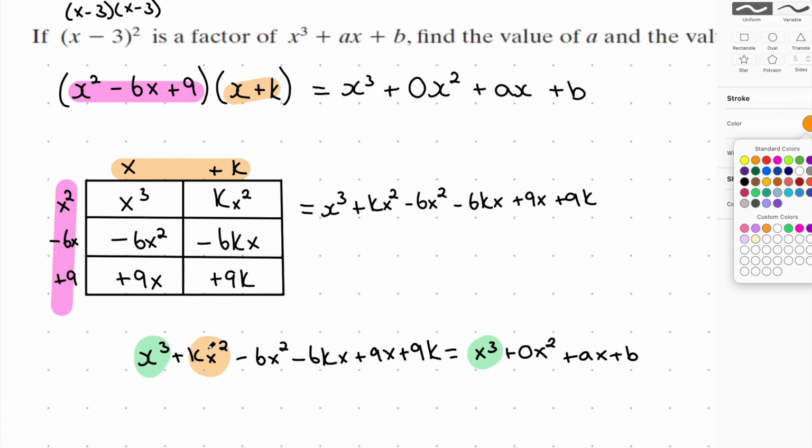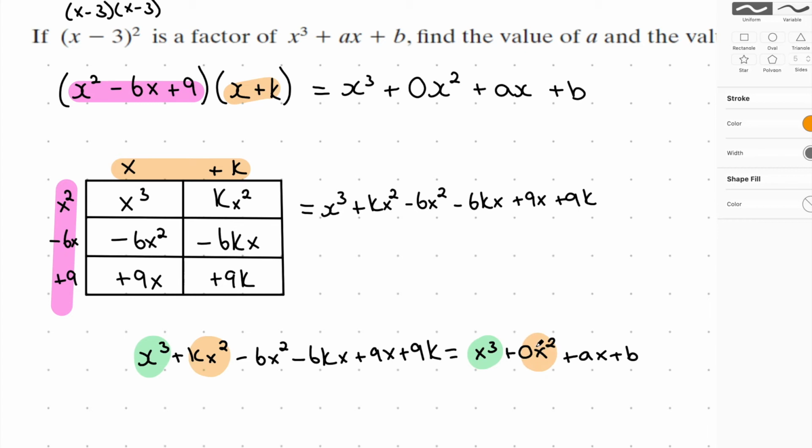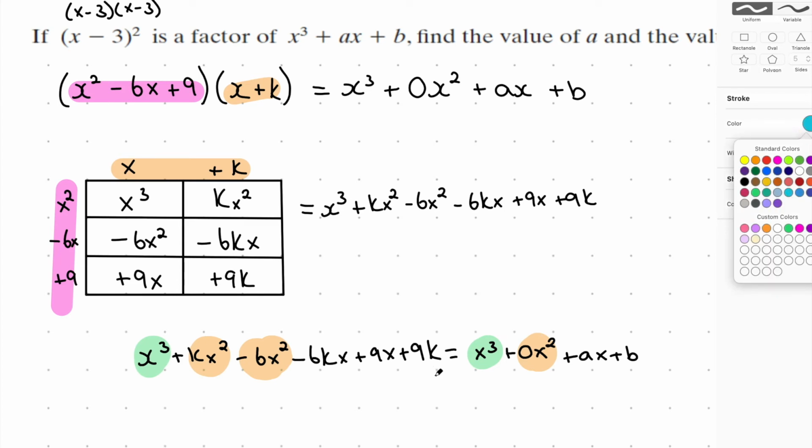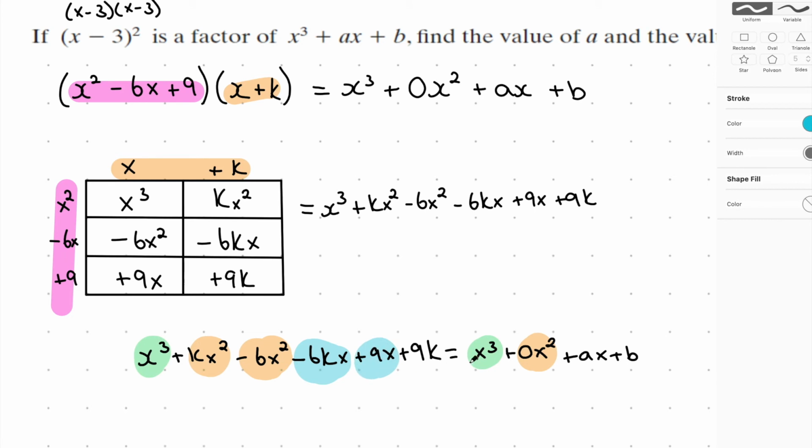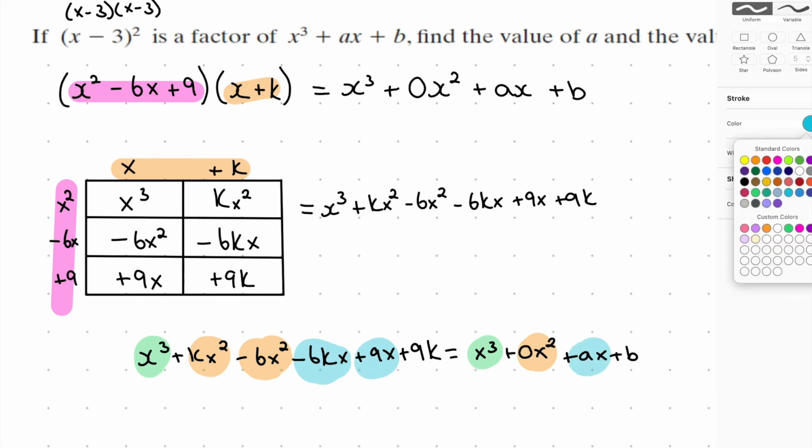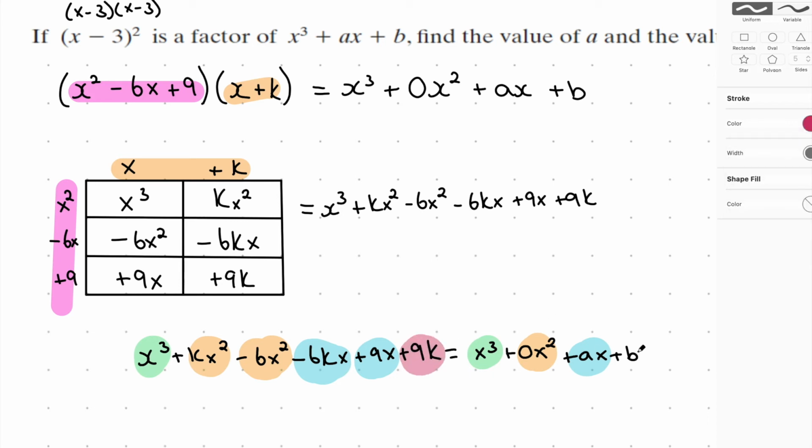Kx squared and 0x squared, those are going to match up, and the minus 6x squared. So I know that kx squared minus 6x squared is going to be the equivalent of 0x squared on this side. I'm also going to have minus 6kx plus 9x is equal to ax, and also going to have 9k and b.